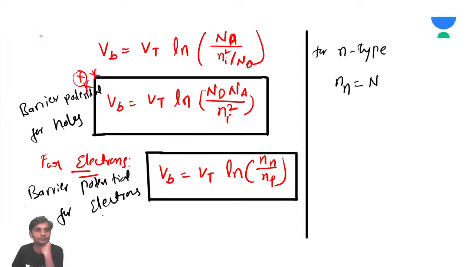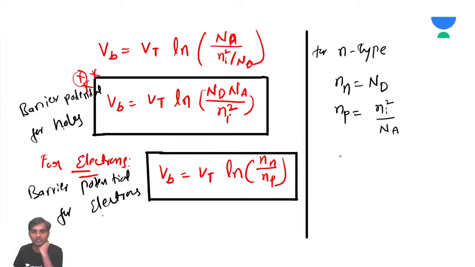So this is the problem. If I teach continuously, this is the problem. Okay. Nn is going to be donor concentration Nd, and Np is going to be simply Na square by Na.